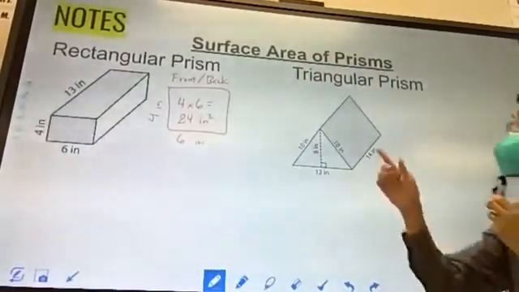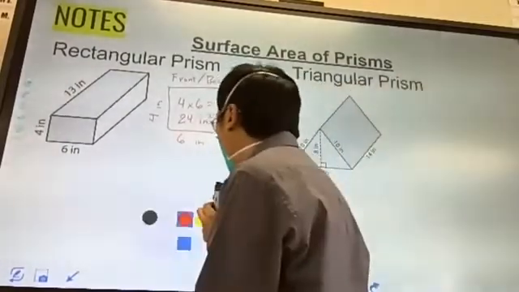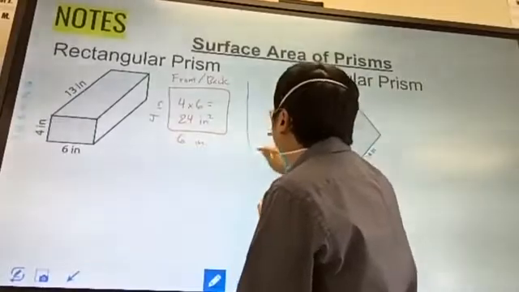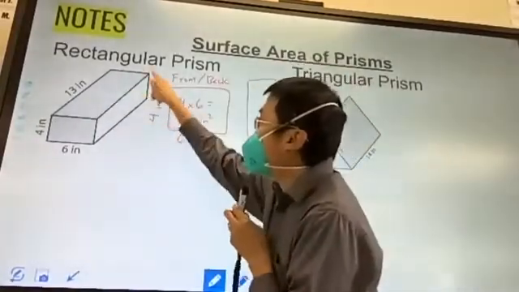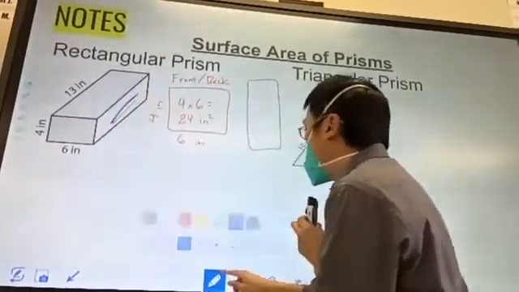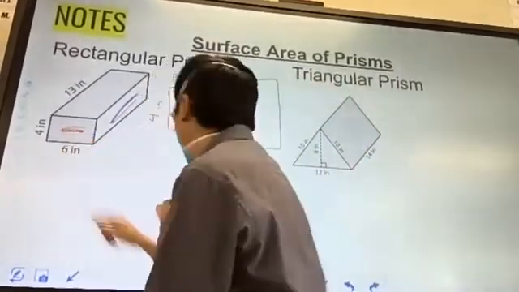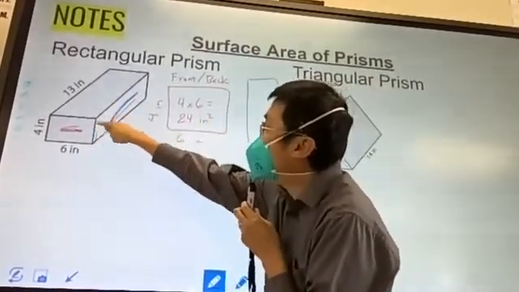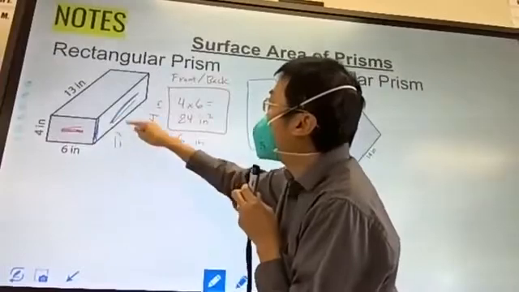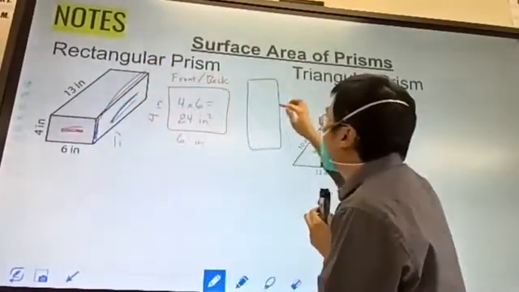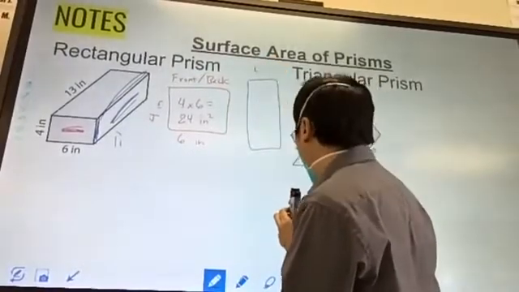Now we need to do the left and right. So I'm just going to draw another rectangle. These rectangles now are a little longer. So right here, right? Left and right. Let me just cut it close so you can see. Okay, so the height is still 4, but this time the base is 13. Oops, let me rewrite that.